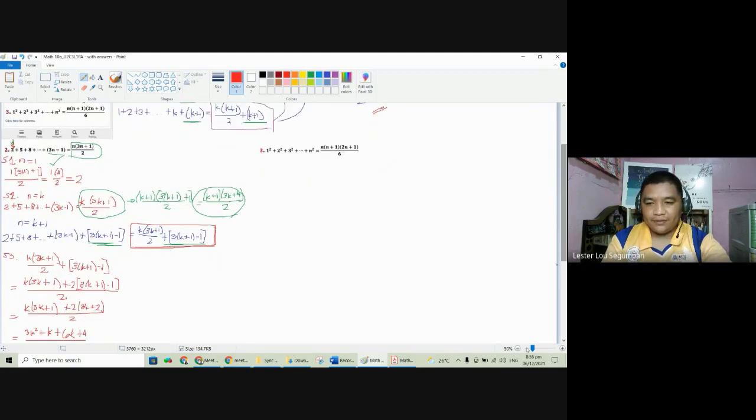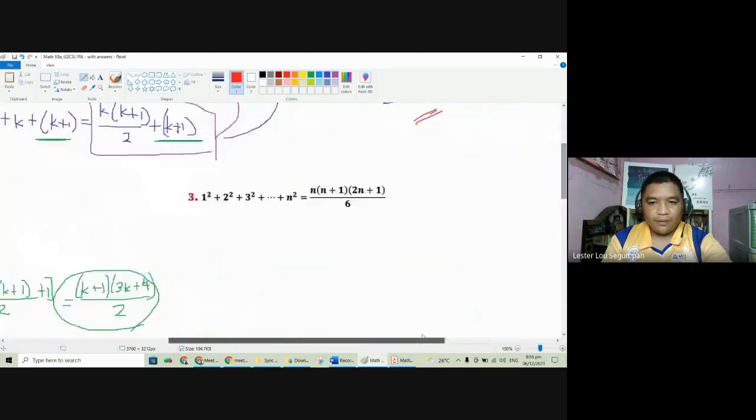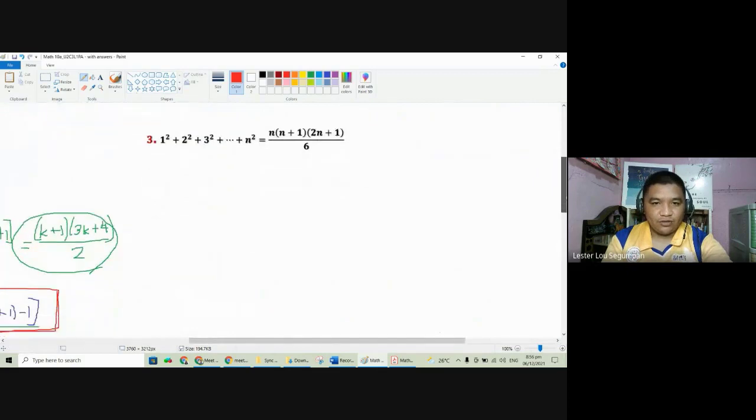Let's have number 3. Number 3 has exponentiations. So it should follow exponentiation still. But of course, step 1 is still step 1. Let us determine if it's true when n is equal to 1. Again, we need to show that if we're going to substitute 1 here, it will result to this expression. That would mean you have 1 times 1 plus 1 times 2 times 1 plus 1 all over 6.